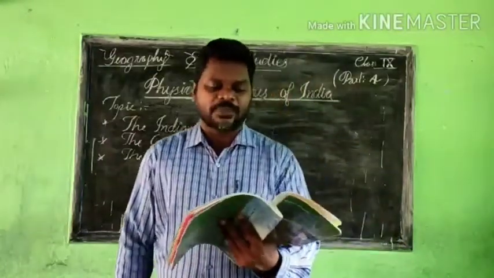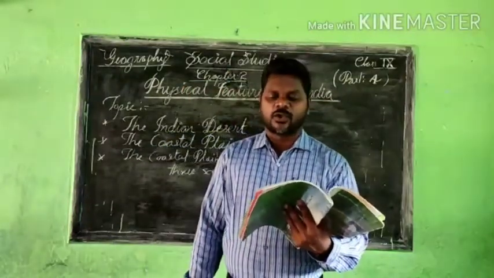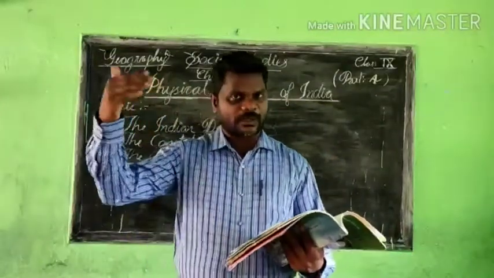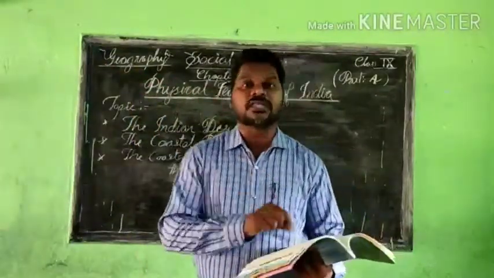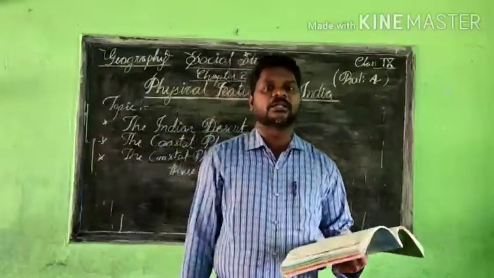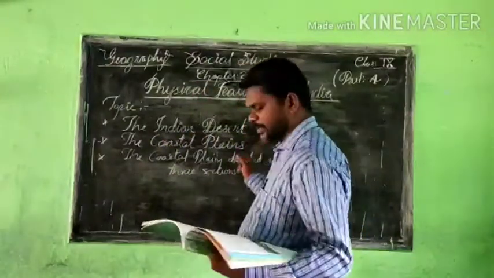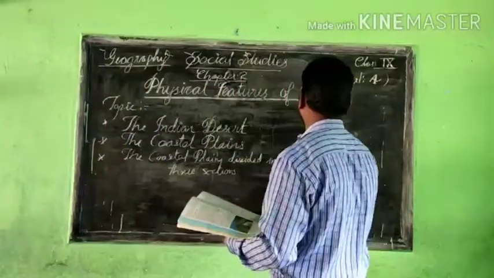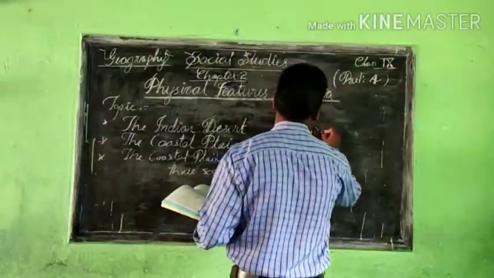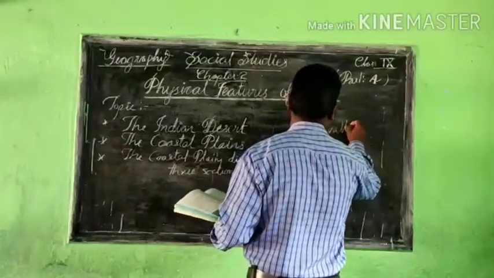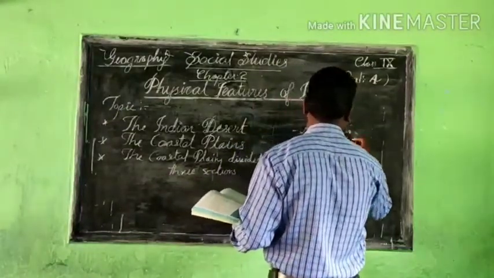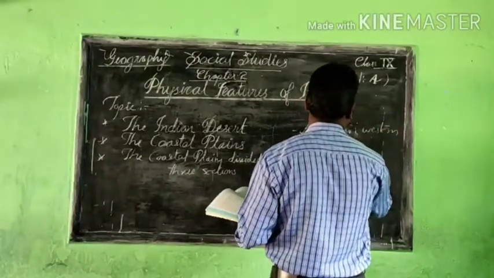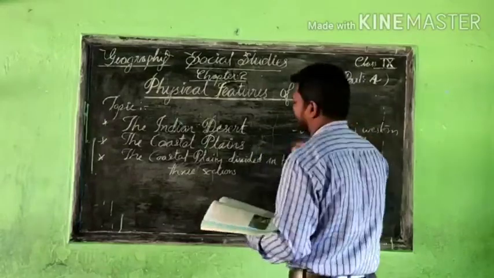So the desert lies towards the western margin of the Aravalli, and from the western side of the Aravalli hills we are able to see this desert region.